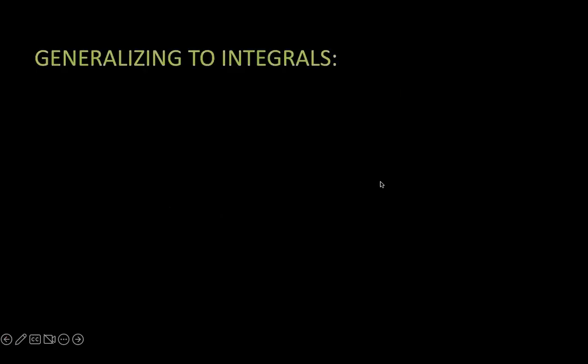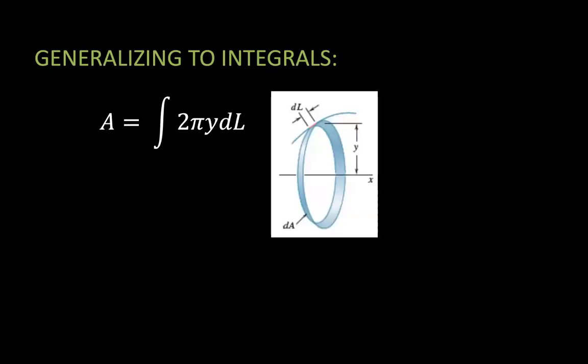Now generalizing to integrals, we have that the area is equal to the integral of 2 pi y times dl, a very small length. So 2 pi y is the circumference of the circle. We get the y from the curve, and dl is a very small length, basically.